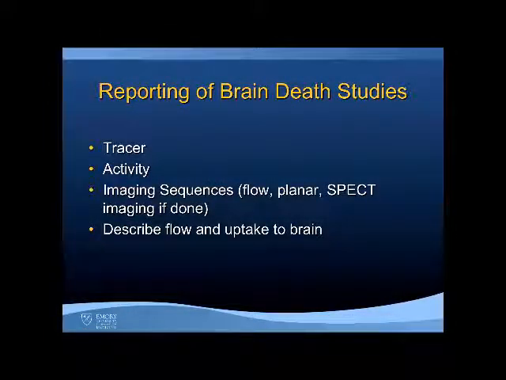So once we have identified that there is absence of flow and uptake, how do we report these studies? In our reports, we talk about what is the tracer used, what was the activity used, what imaging sequences were used to acquire the study, and then we talk about the flow and uptake to brain.